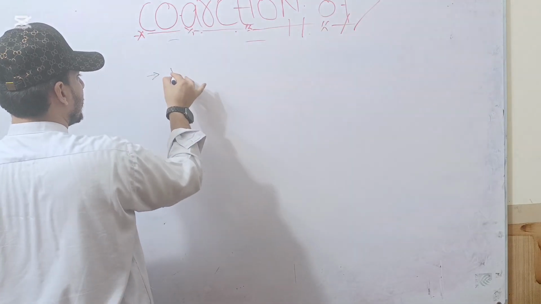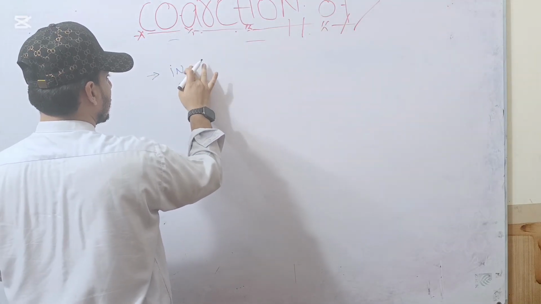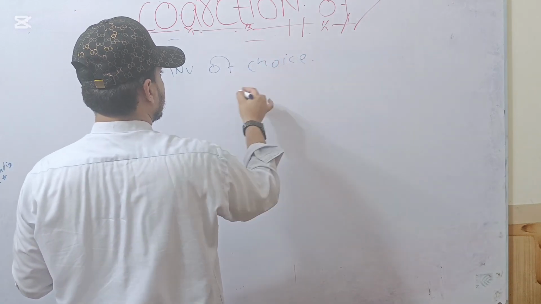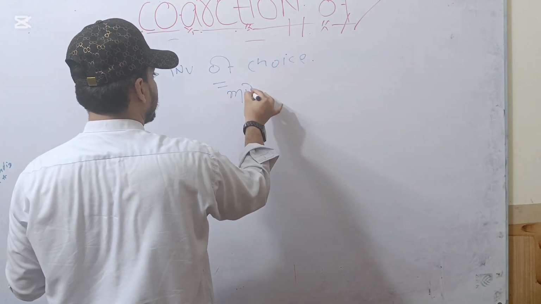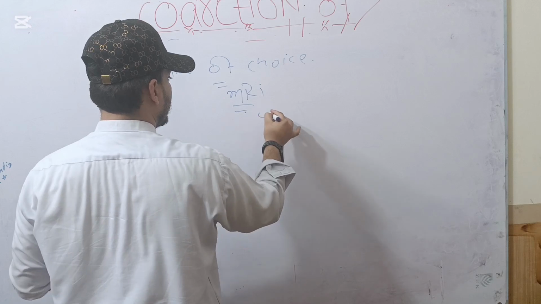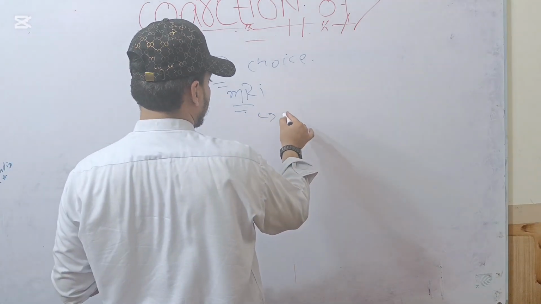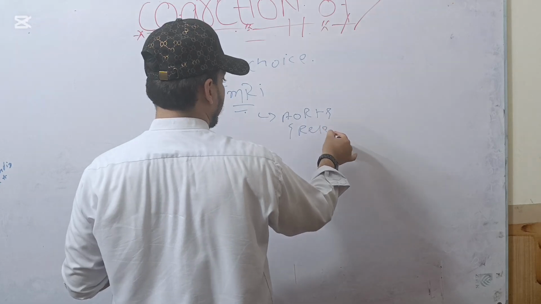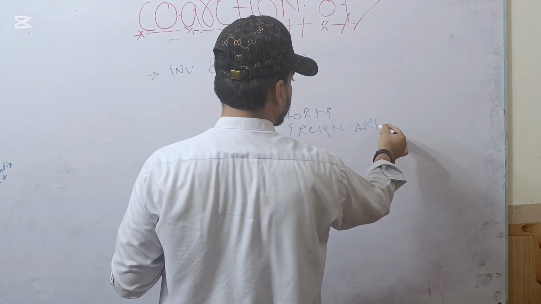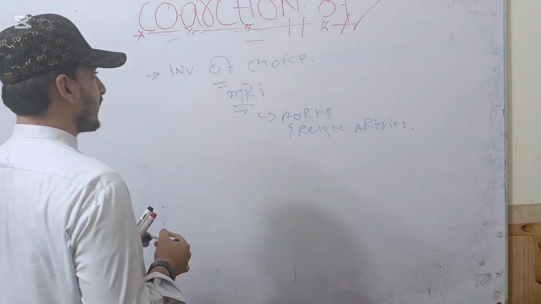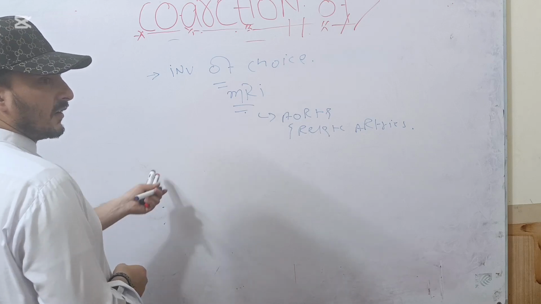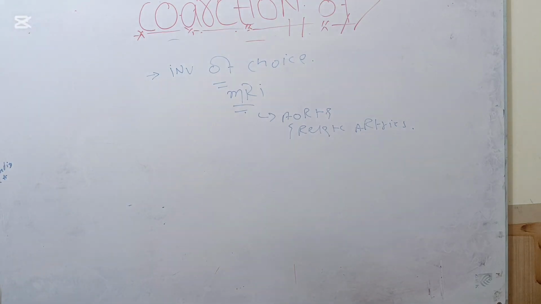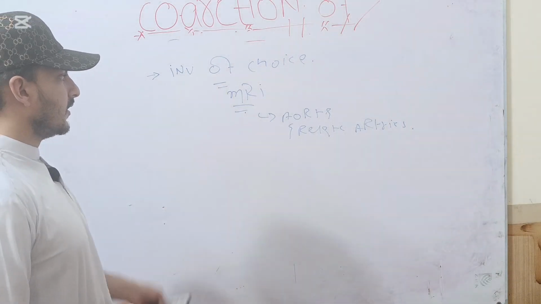The investigation of choice is MRI, and we see the aorta and related arteries. For example, internal mammary arteries, internal thoracic arteries, anterior intercostal arteries, posterior intercostal arteries, we see that.